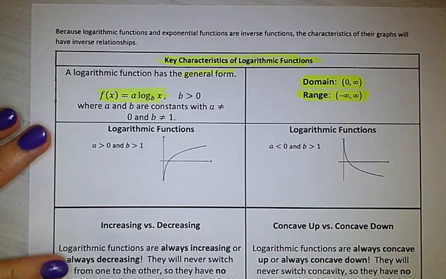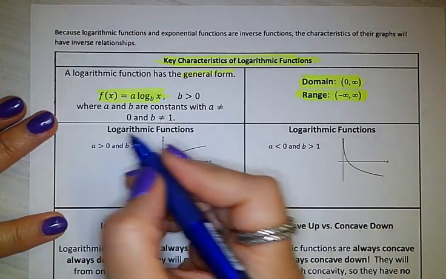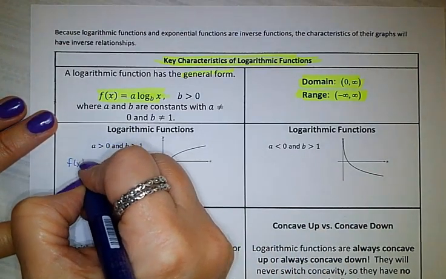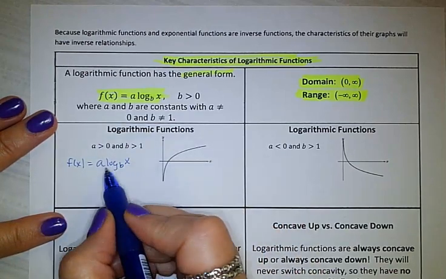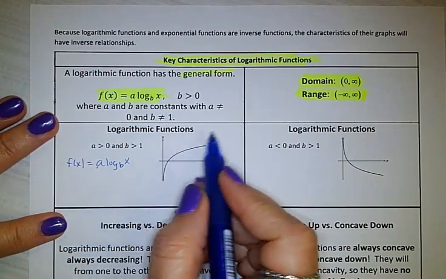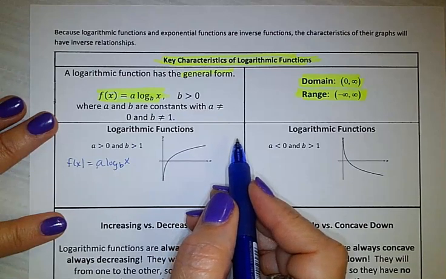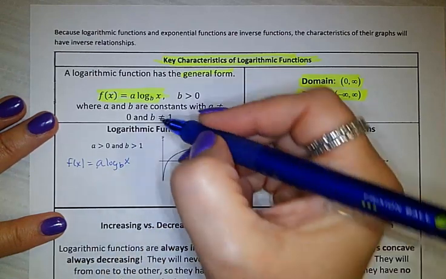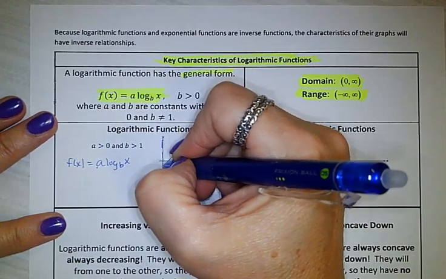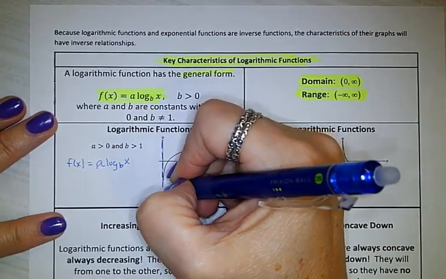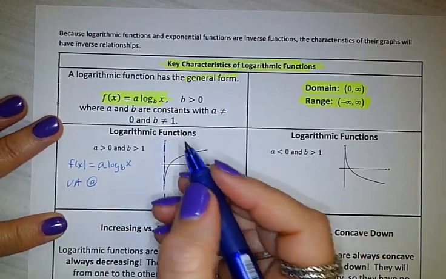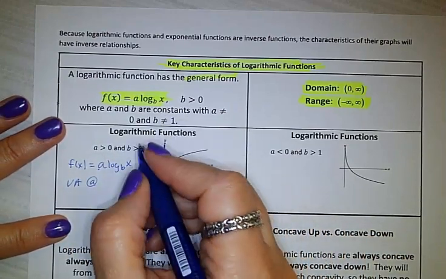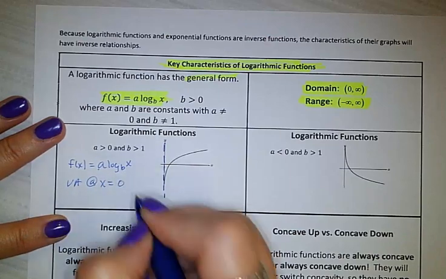The reason that is important is if we look at the equation, f of x equals a log b of x, if a is positive, there's been no reflection over the x-axis. So it's going to start here and curve up. And remember that we have a vertical asymptote in this particular case when x equals 0.